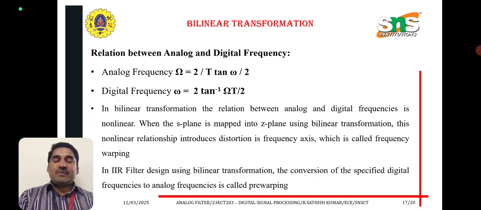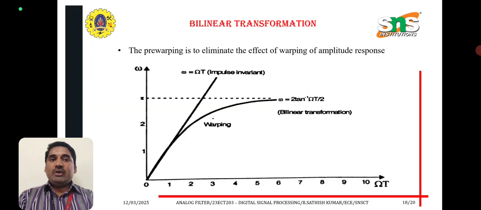In bilinear transformation, the relationship between the analog and digital frequencies is non-linear. When the S plane is mapped into the Z plane using bilinear transformation, this non-linear relationship introduces distortion in the frequency axis, which is called frequency warping. In IIR filter design using bilinear transformation, the conversion of specified digital frequencies to analog frequencies is called pre-warping.